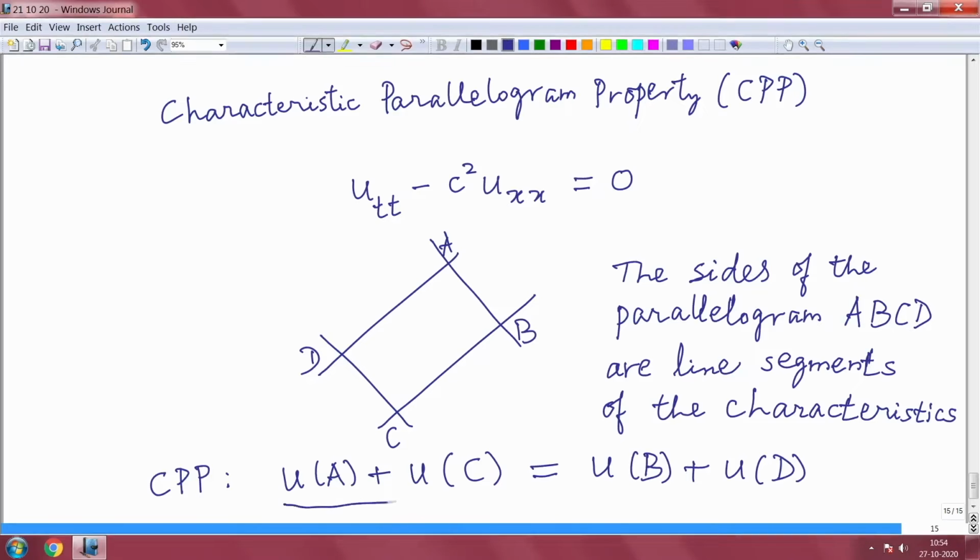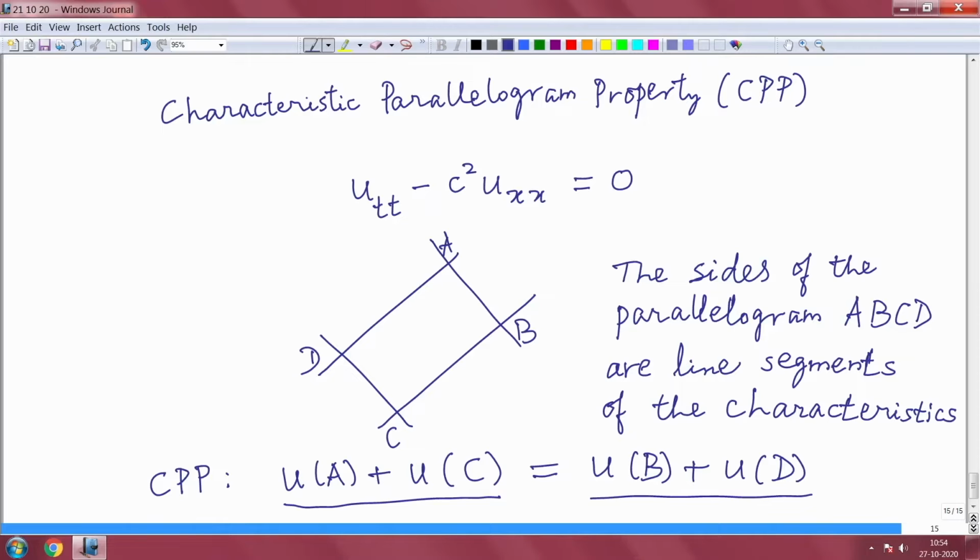This is the sum of the solutions at A and C, and this is the sum of the solutions at B and D, and the characteristic parallelogram property states that U A plus U C is equal to U B plus U D. So, if you know the values of the solution at any 3 points of the characteristic parallelogram, then the value at the 4th point is determined by this property. This is an important property which we are going to use later.